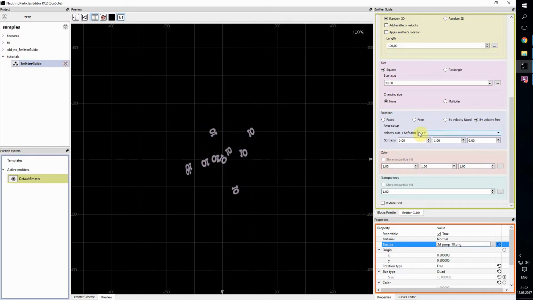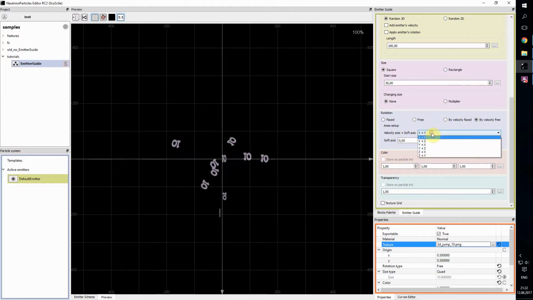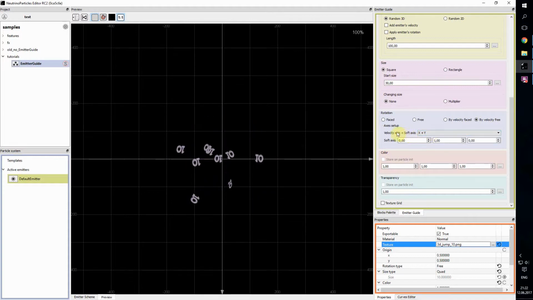In this velocity free mode, you select two particle axes, like x plus y, x plus z, where the first of them is always directed in the same direction as the velocity vector, and the second axis tries to be the one which is specified below.